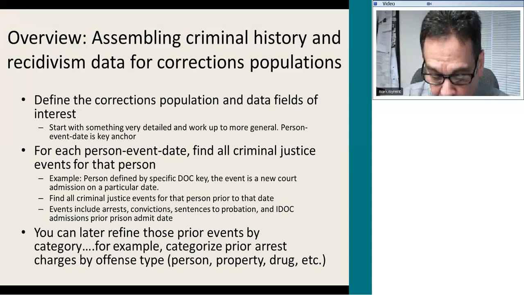When we start aggregating this information up, we're going to need to be able to know how many matches we have so that we have a valid N. If we're going to be asking, for example, the percentage of those admitted to prison on burglary who are rearrested for a violent crime, we want to know that we're basing that percentage on the numbers that we actually have criminal history for. So every person event date is in there from 1989 on, and that's the base of the record with these various data fields.